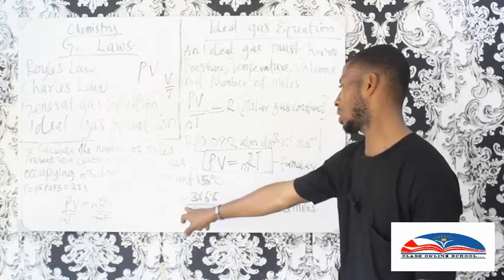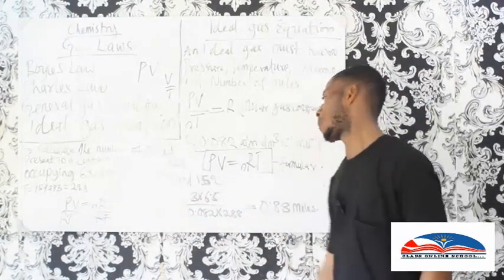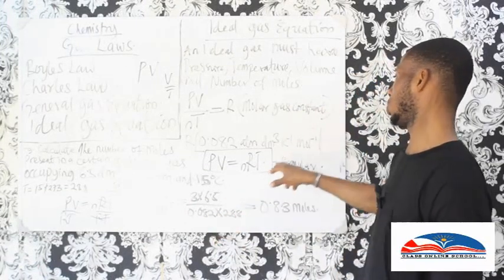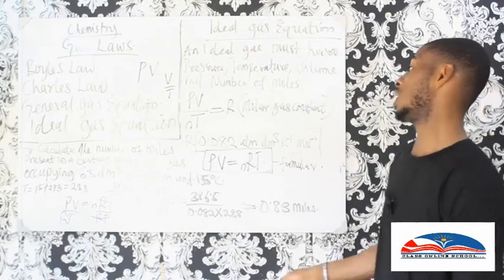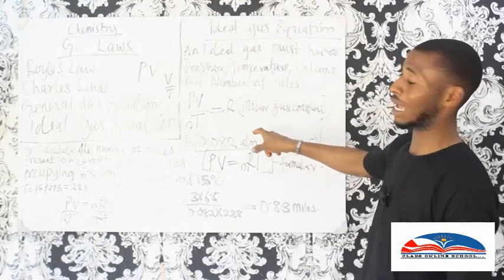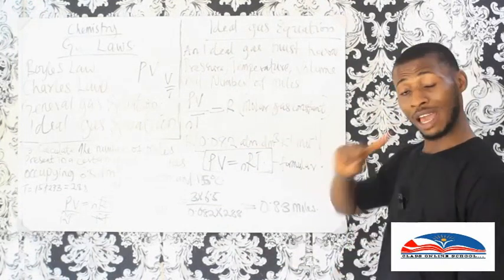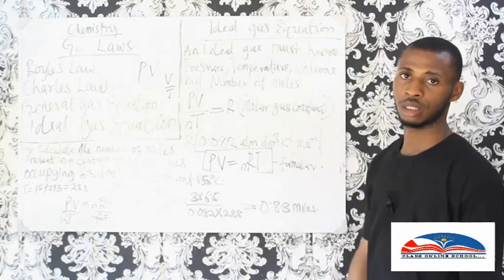That means P is 3 atm times 6.5, which is the volume, all over 0.082, which is our molar gas constant, times 288. In every question concerning ideal gas, they will give you the molar gas constant.